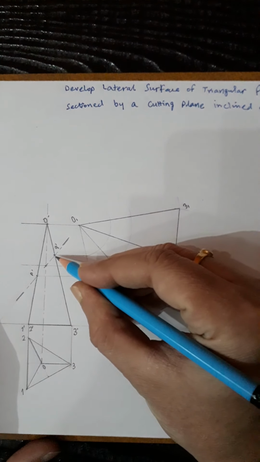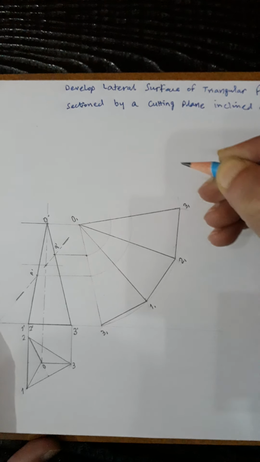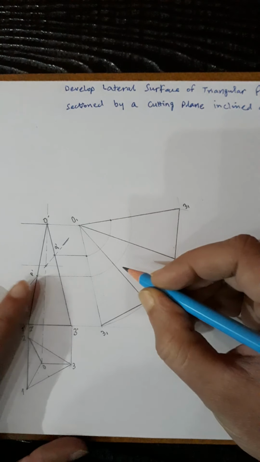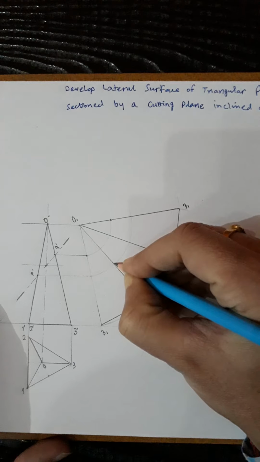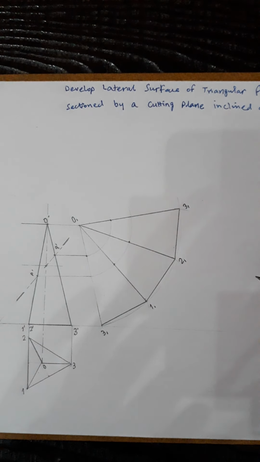Now here you can check, point Q lies on O3, so Q will be here, and P lies on O1 and O2, so these are for 1 and 2. Now join these points with straight lines.